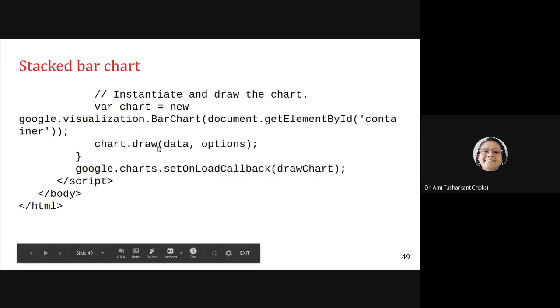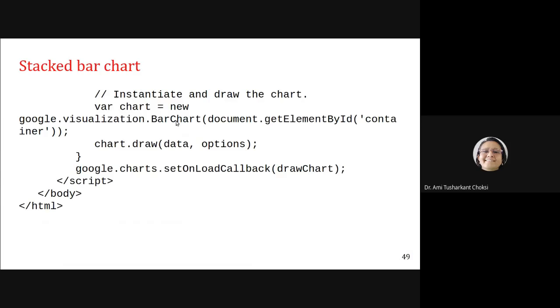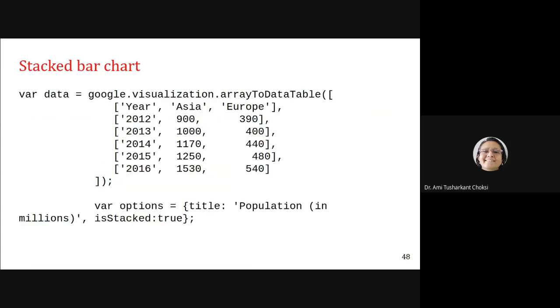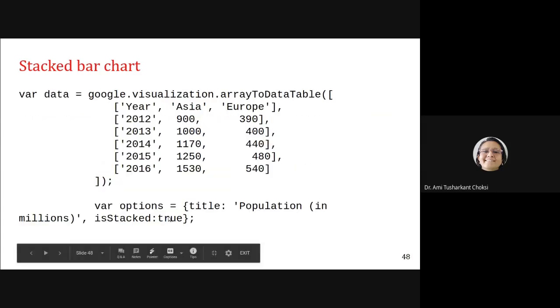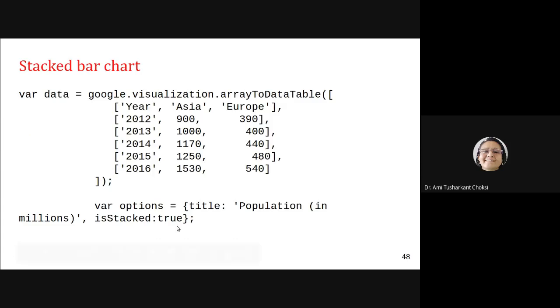Now, what we want to have is the instance of the bar chart and we want to draw it, right? Do we need to specify anything? No, it is BarChart only, but as we have specified isStacked true, that will give us the stacked bar chart.